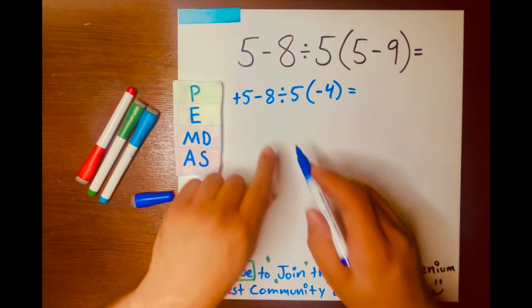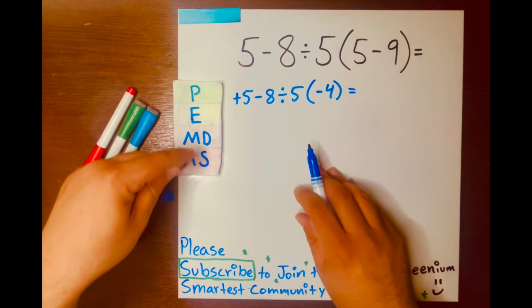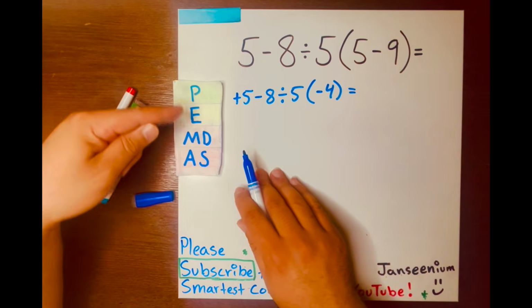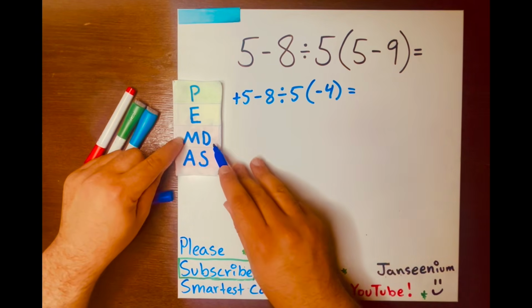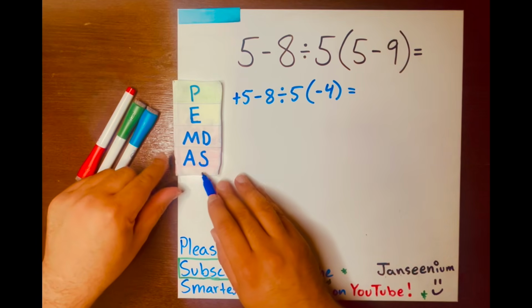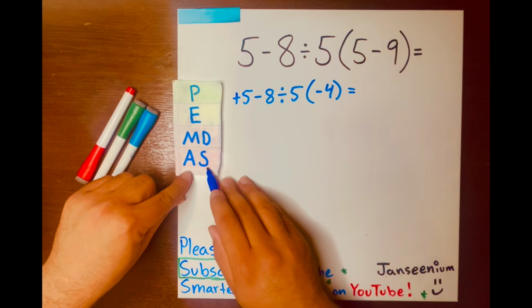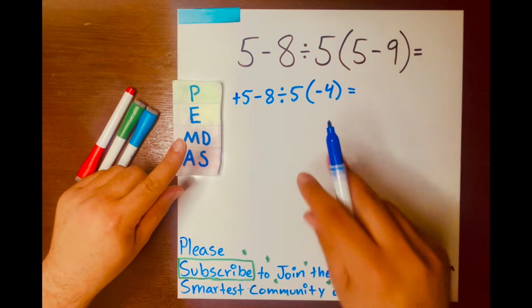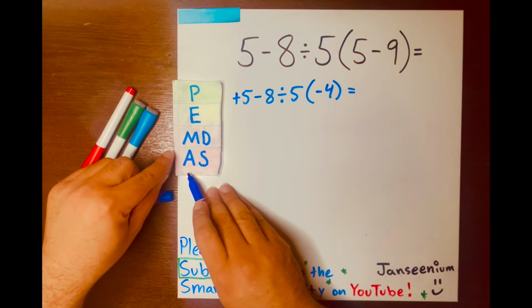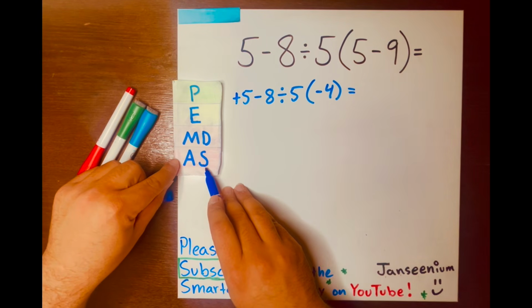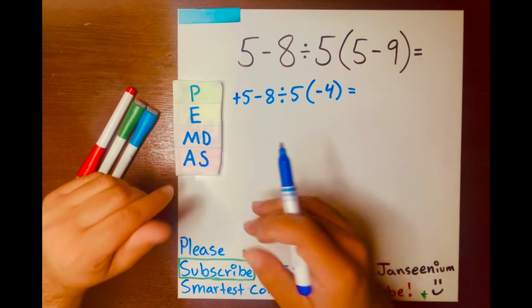Next, division goes first because notice that in PEMDAS, division is above the AS level, which is the lowest level. AS stands for addition and subtraction. Yes, there are two operations, A, addition, and S, subtraction, both within its own level.